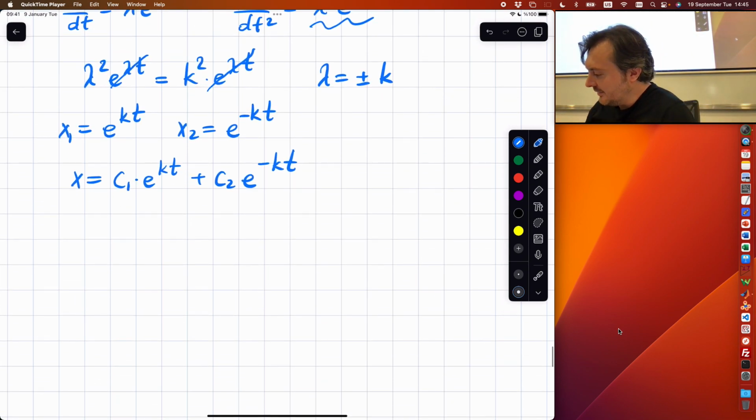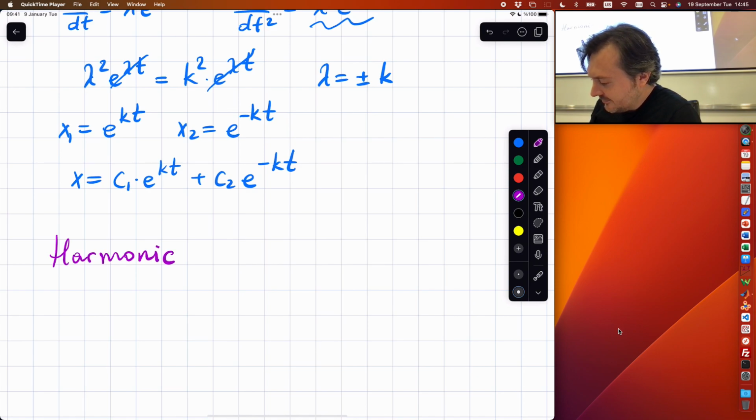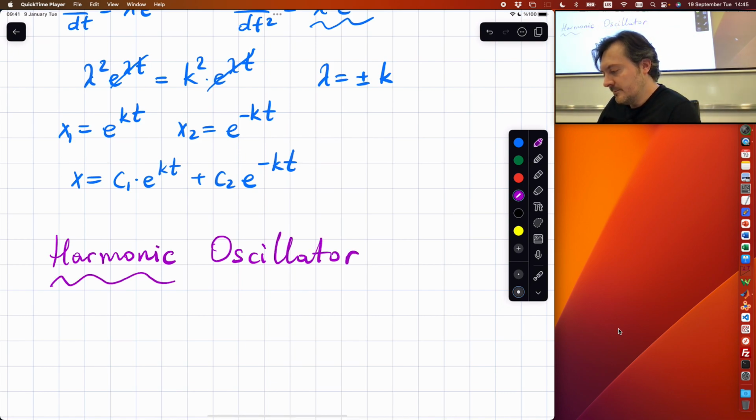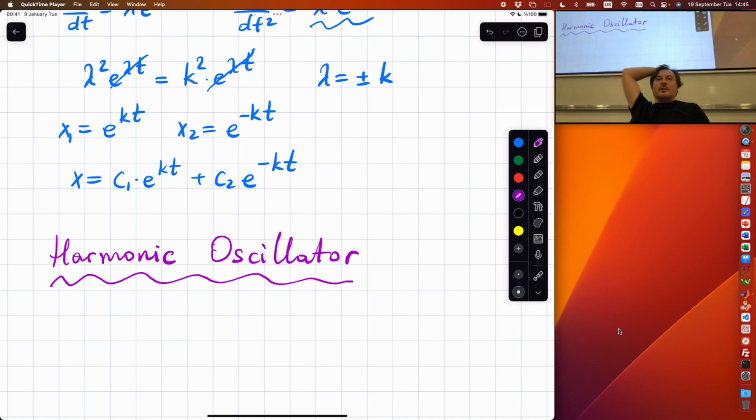the one and the only harmonic oscillator. Harmonic oscillator to physics is like Beethoven to music.